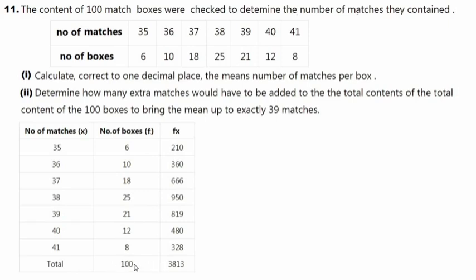So we got these totals. Now you need to calculate the mean. The mean is the summation of fx, total of fx is 3813, divided by the total of f, which is 100. When you convert this into a decimal, it turns out to be 38.13. So this is my first answer.